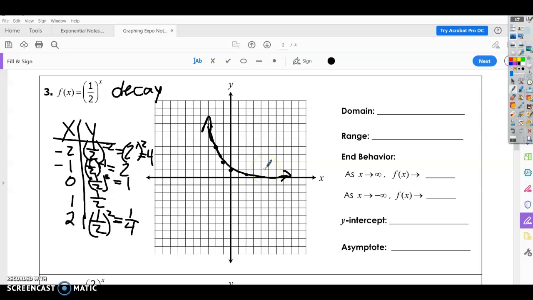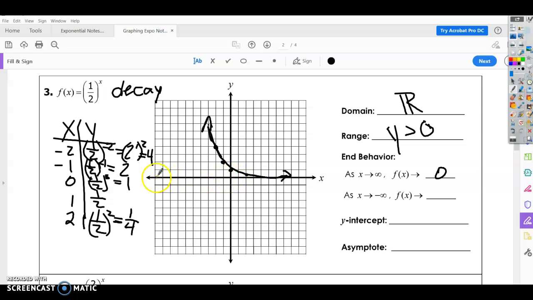All right, it's still approaching this line, so it's going to be kind of similar to before. Our domain is going in both directions, so it's all reals. Our range is still above this line here, so it's going to be y greater than 0. Our end behavior is going to be as x goes positive, y approaches 0.